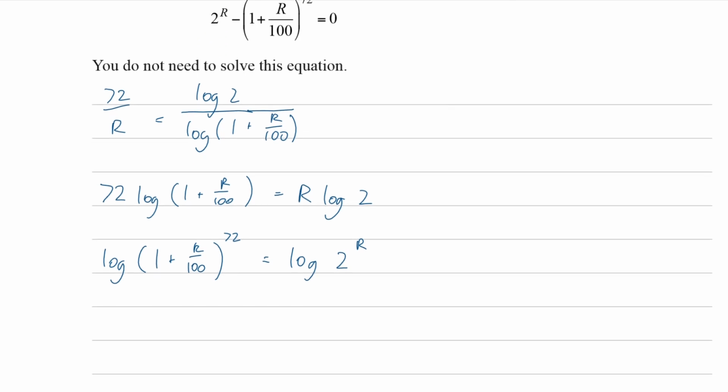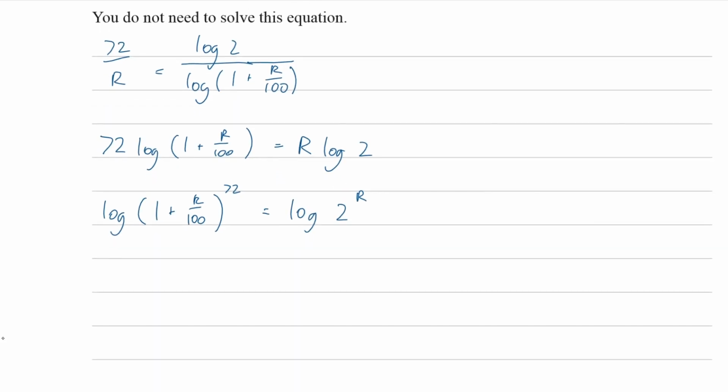And since we have logs on both sides, we could do the exponential of both sides to eliminate the logs. So that becomes 1 plus r over 100 to the power of 72 equals 2 to the power of r. And we're not dividing by log, because log is a function.